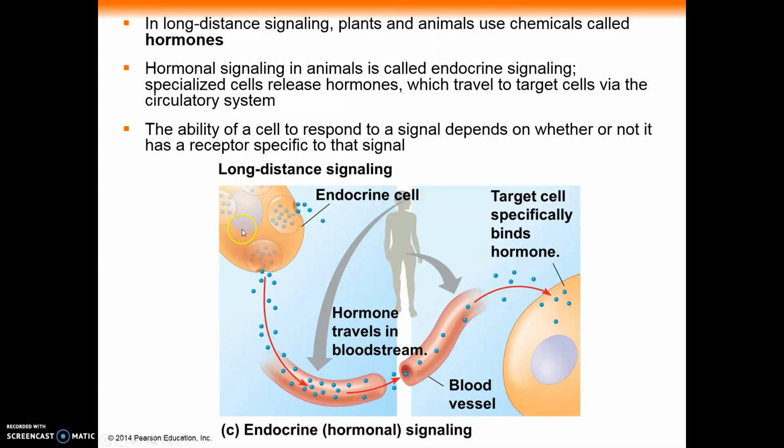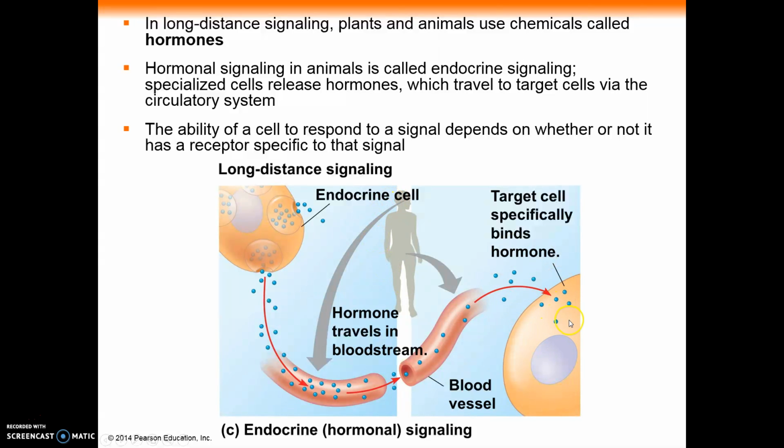Your brain tells it to release this signal because something is happening. It releases the signal, it diffuses through the bloodstream and gets distributed to the entire body, where that can then contact and affect its target cell. So that's kind of short distance versus long distance.